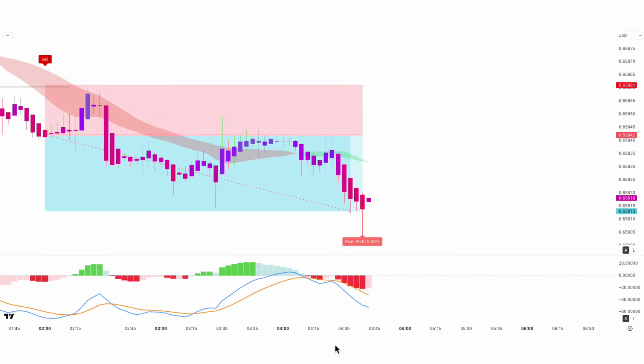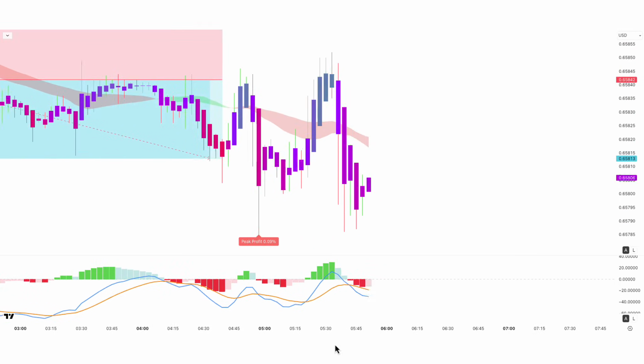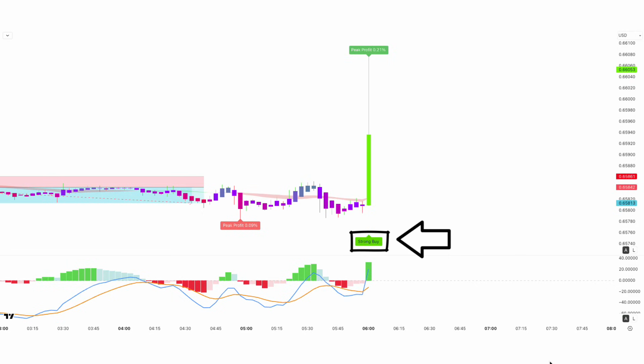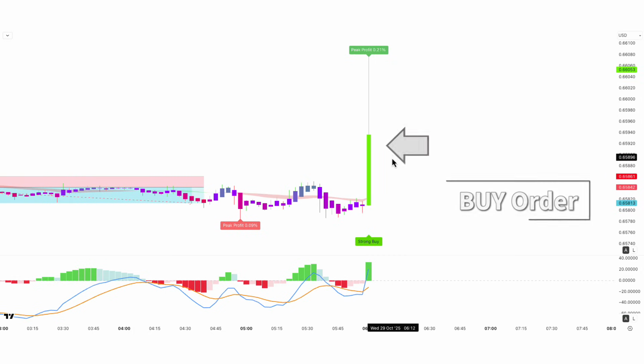Let us now understand the long position. When the ultimate algo arrow of this indicator is a strong buy signal, when the blue line of volatility adjusted is above the orange line, and when the market forms a bullish candle, if this condition is fulfilled, then we will place a buy order.